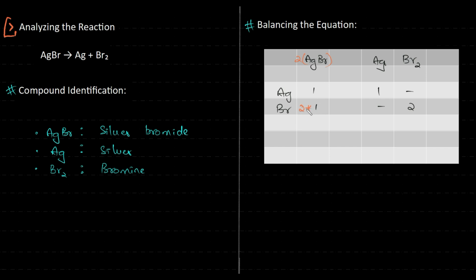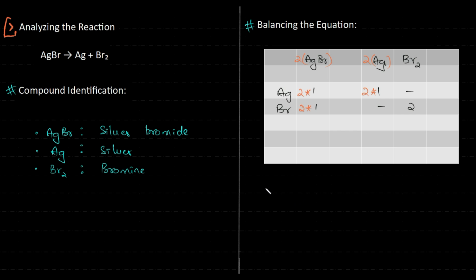If I want bromine in this particular column, I need to multiply AgBr, that is silver bromide, to be 2. Only then this happens. If silver bromide is 2, then silver is also 2. So basically on the right hand side, we have silver to be 2, and so this is 2 basically. There are 2 silver. Okay.